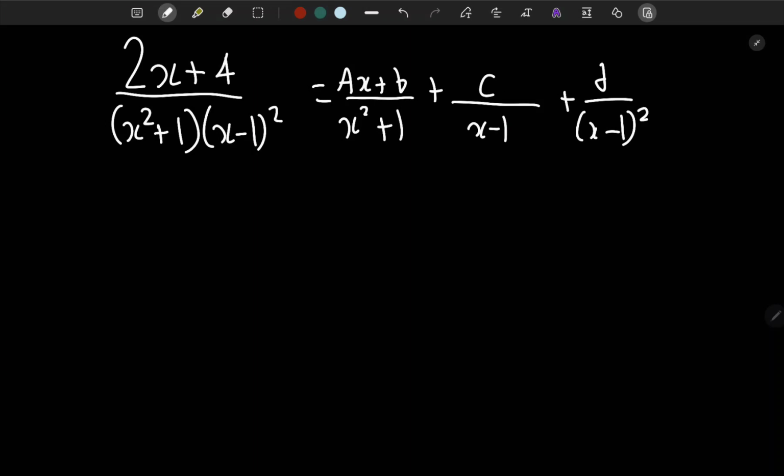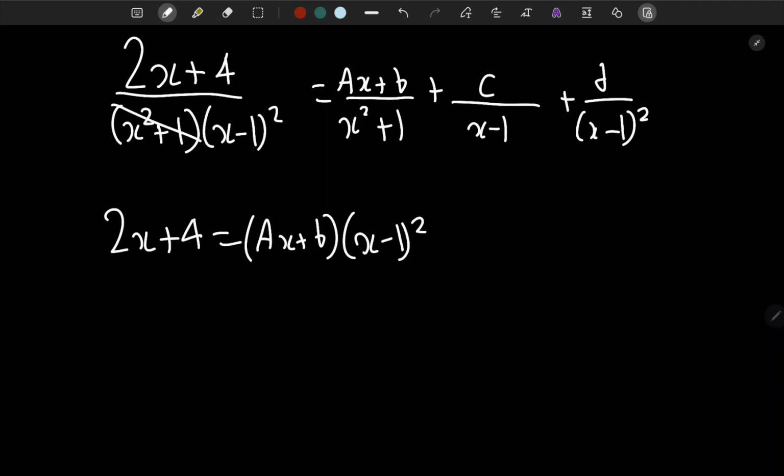And now comes the next part, where we multiply the entire denominator, and we can again use the cover-up method or just multiply it normally. So let's do that now. So 2x plus 4 is equal to ax plus b, and we can cover up x squared plus 1 in the original fraction. So when we cancel this out, we are left with x minus 1 squared.